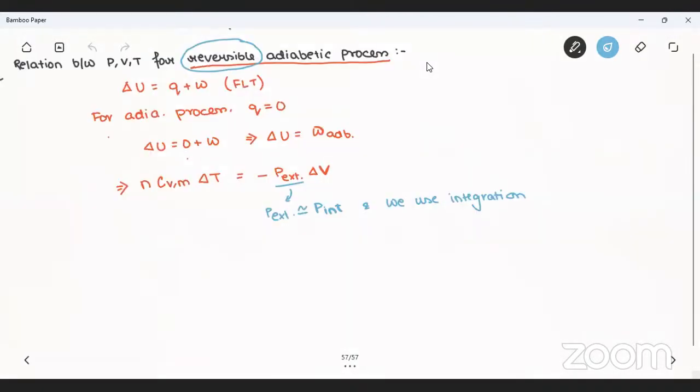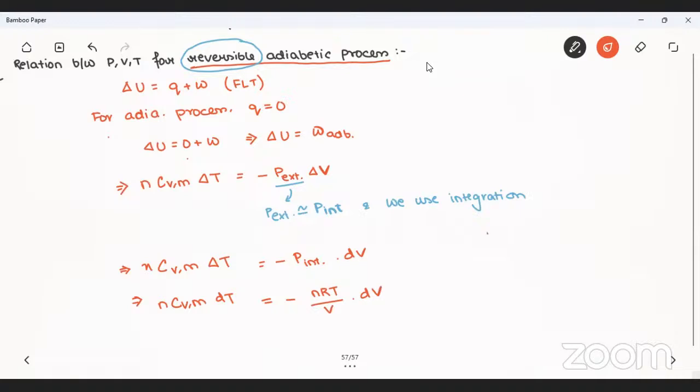Okay, so now how can we write this? In the next step, we can write n CVM delta T is equal to minus P internal dV. Okay, so the same equation, n CVM dT, is equivalent to minus nRT by V into dV.